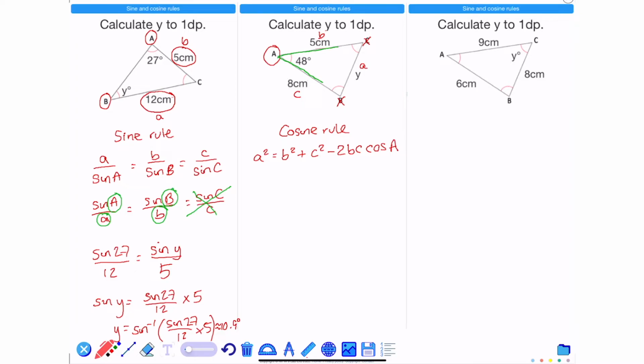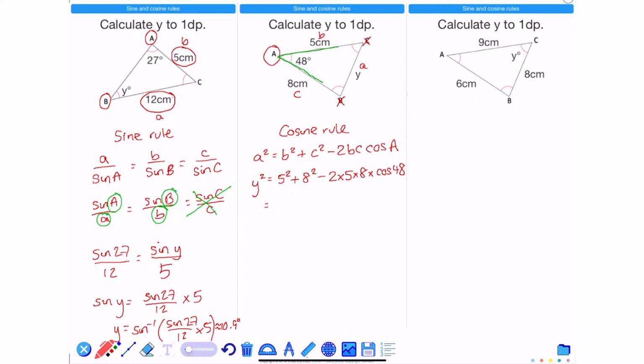So substituting in the information I've been given, y squared is equal to 5 squared plus 8 squared minus 2 times 5 times 8 times the cosine of 48.